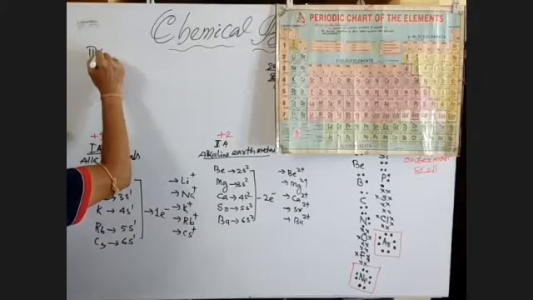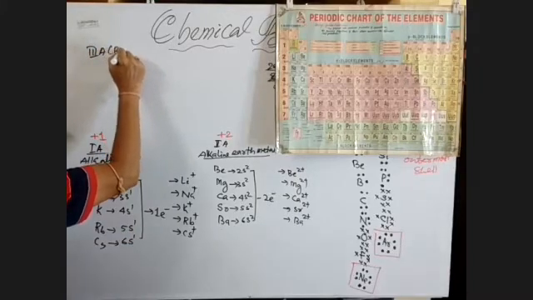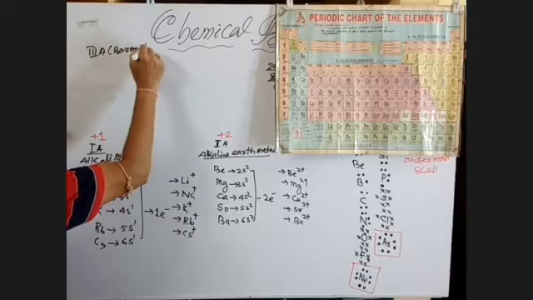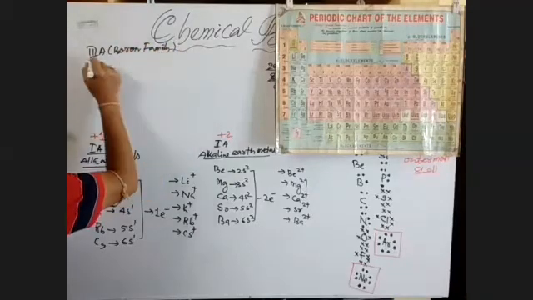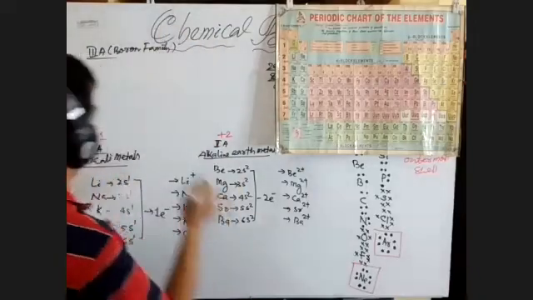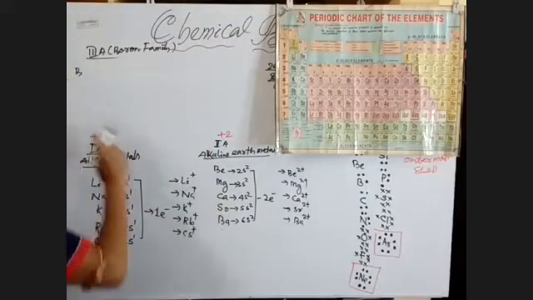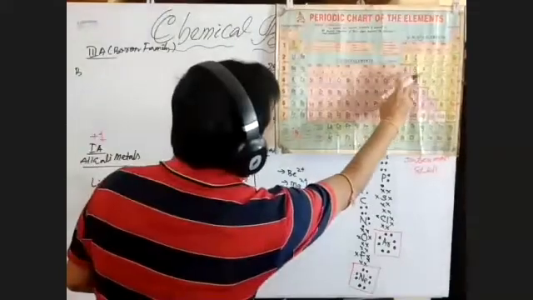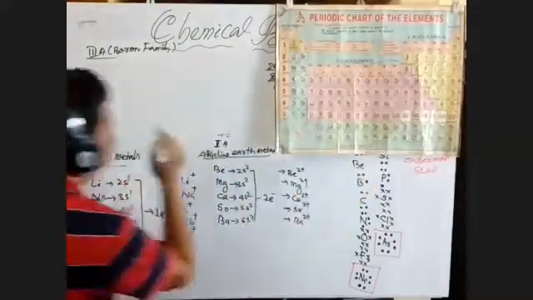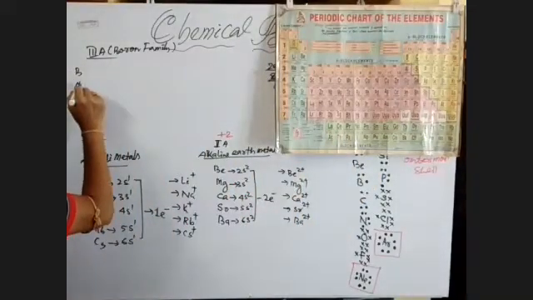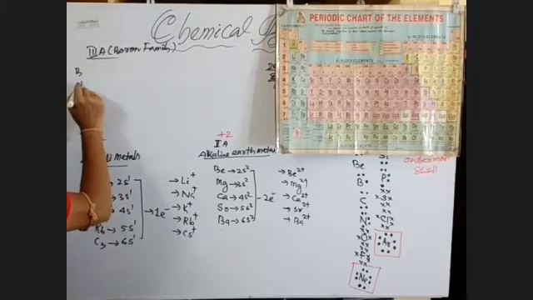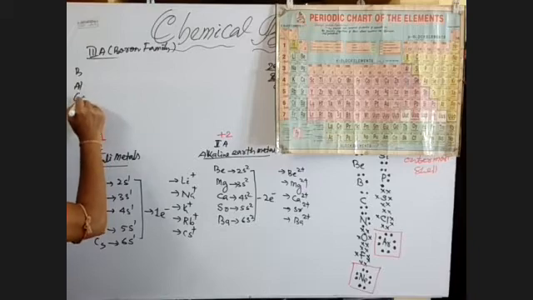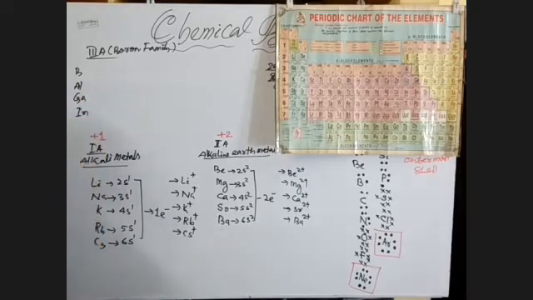Third A is called the boron family, because it starts with boron. So coming to boron, next is aluminium, gallium, indium. So all these are elements.